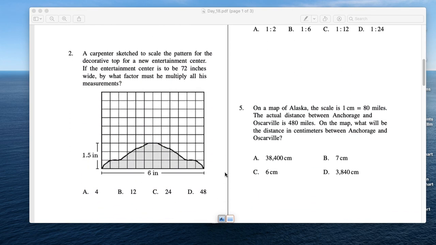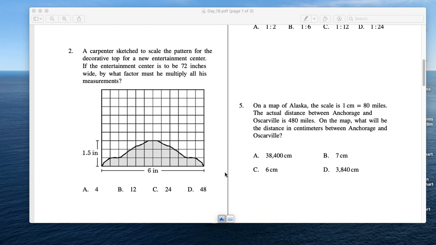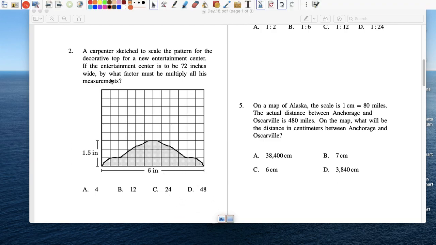2. A carpenter sketched to scale the pattern for the top of a new entertainment center. If the entertainment center is to be 72 inches wide, by what factor must he multiply all of his measurements?